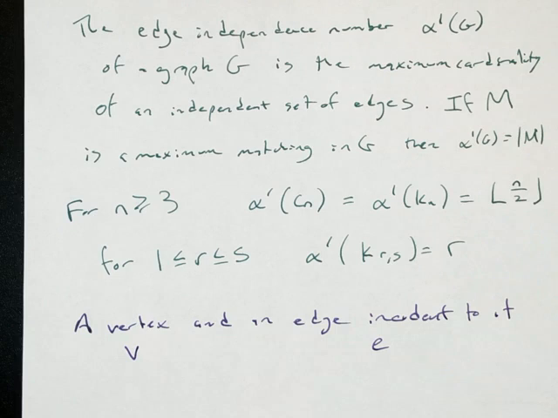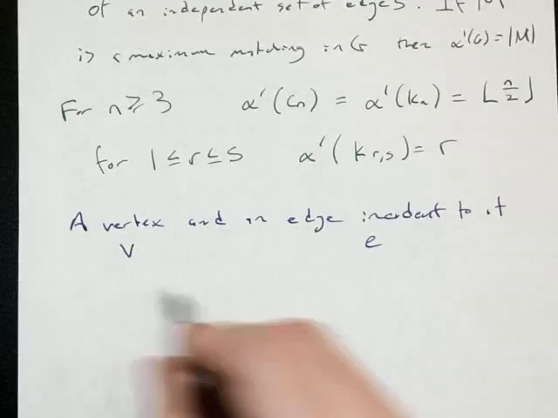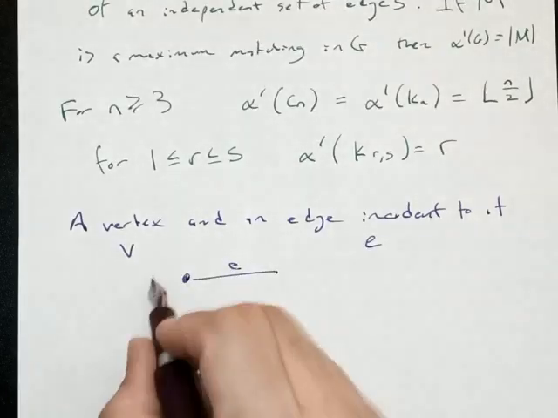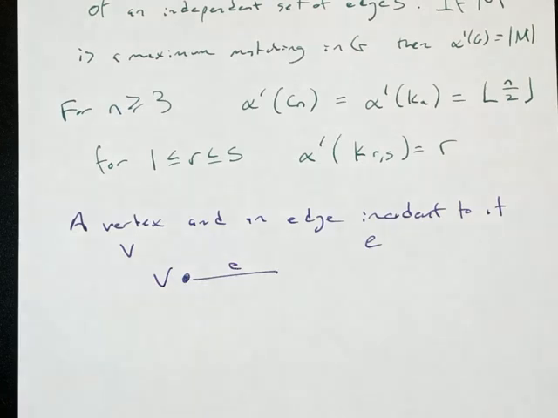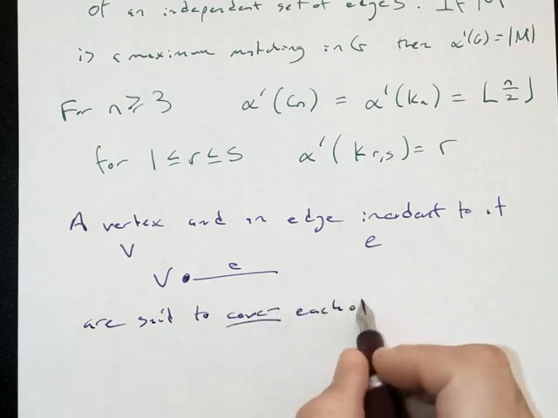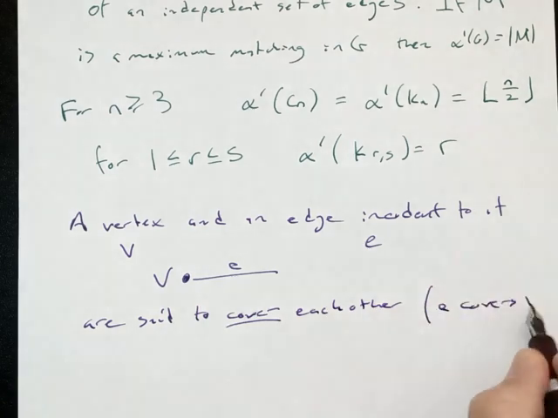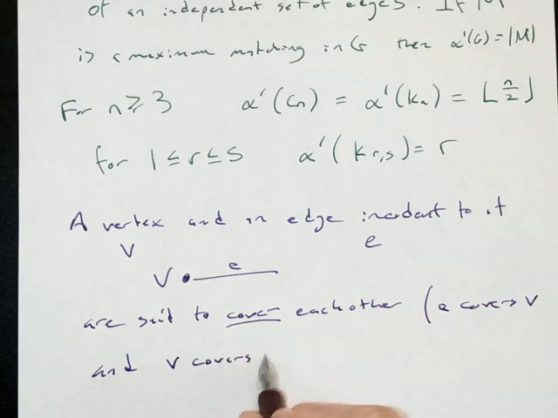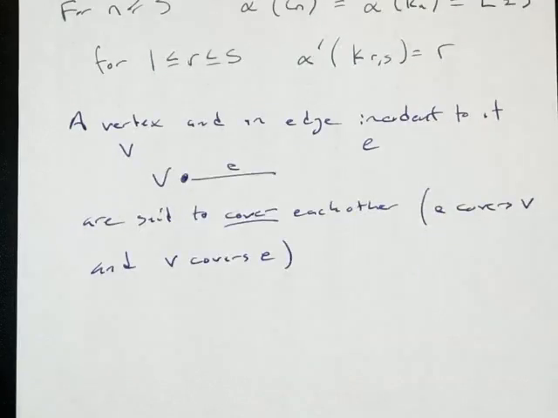So let's suppose I have a vertex and some edge that is incident to that vertex. So I have V, and then I have this edge E. Well, in that case, I will say that the edge covers the vertex, and the vertex covers the edge. If I have a graph with no isolated vertices, that's not the same as being connected.